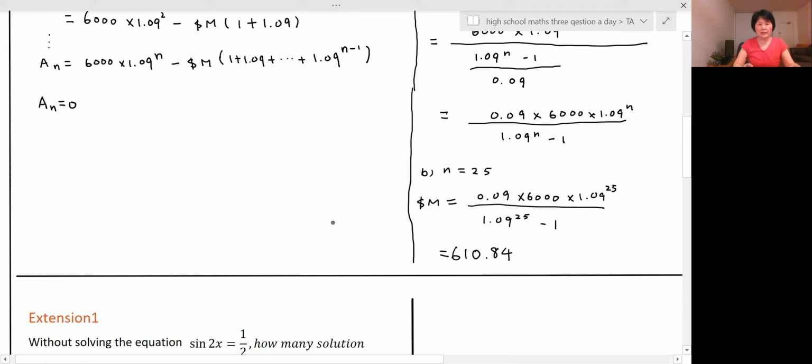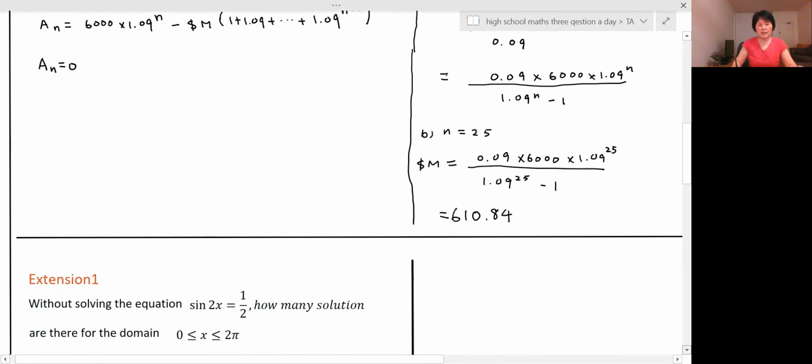When the term is 25, at the end of the 25 years, the balance is 0. So every year I pay $610.84, pay this amount 25 times, then I pay off this loan. Okay, I finished this question here.